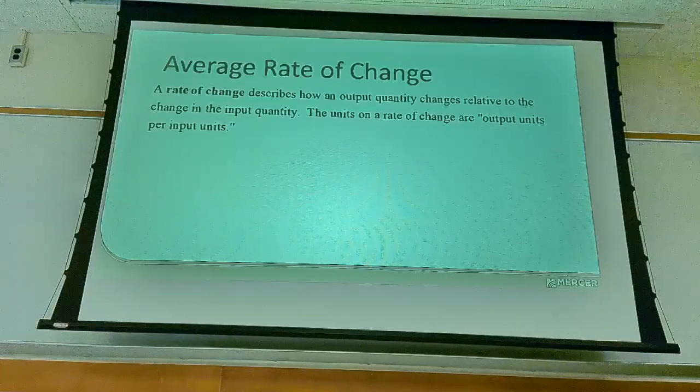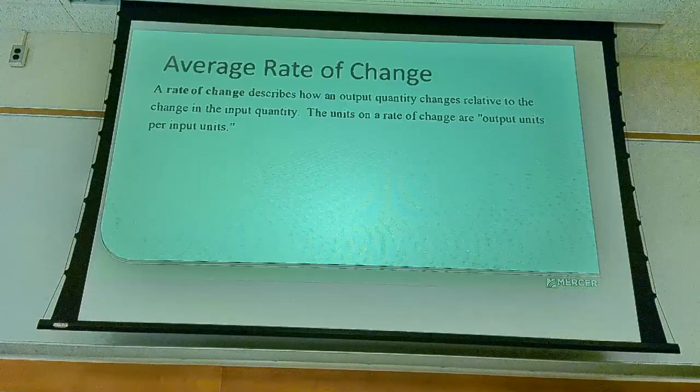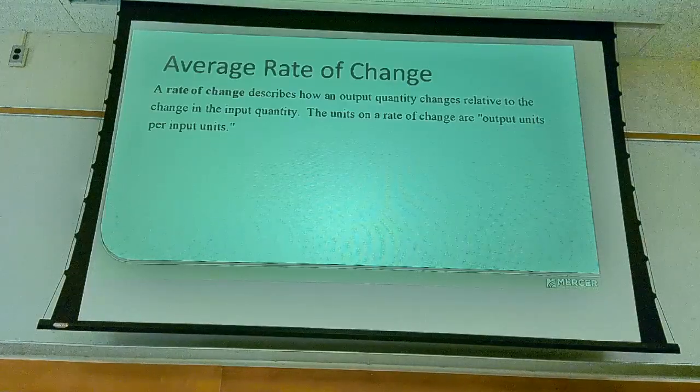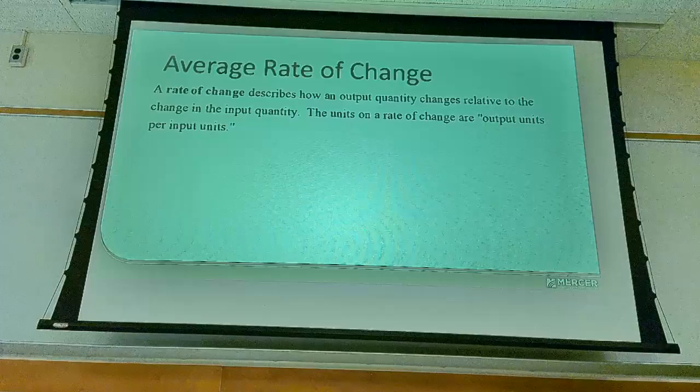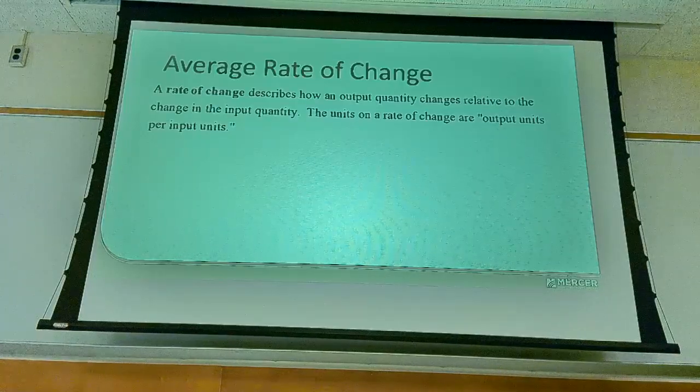One rate of change that you're familiar with, you use it every single day if you're driving, is your speed. In America, and only in America, it's miles per hour. Everywhere else, it's kilometers per hour, the correct measure. Actually, I would argue meters per second would be the actual correct measure. That's my physics talking now.